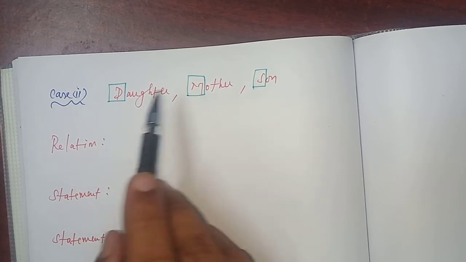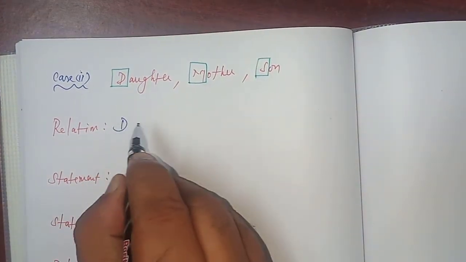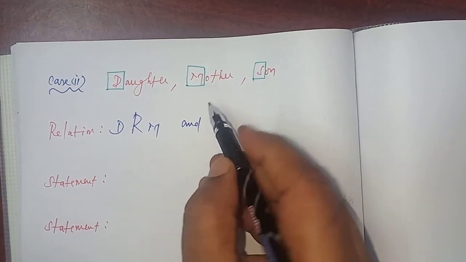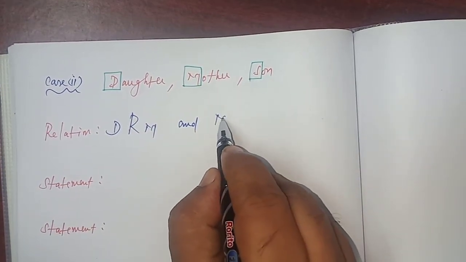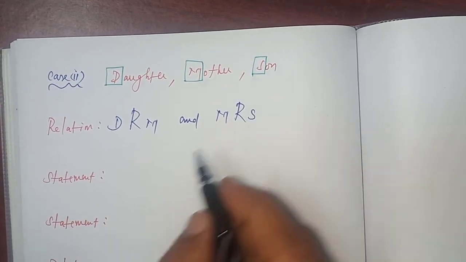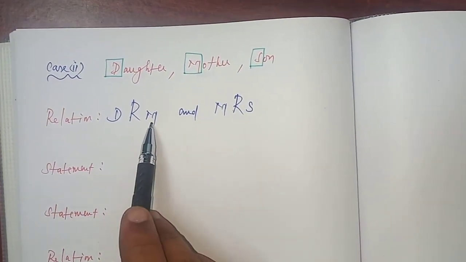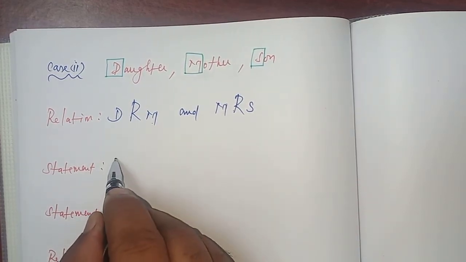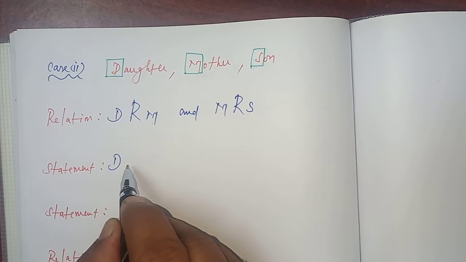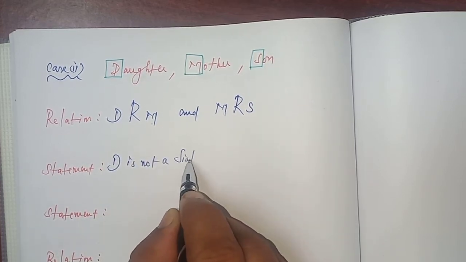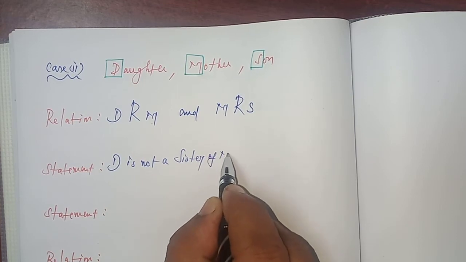First I take D and M. D R M and M R S. Now you can write the statement. Here it ends with M, here it starts with M, right? D R M means daughter is not a sister of mother.